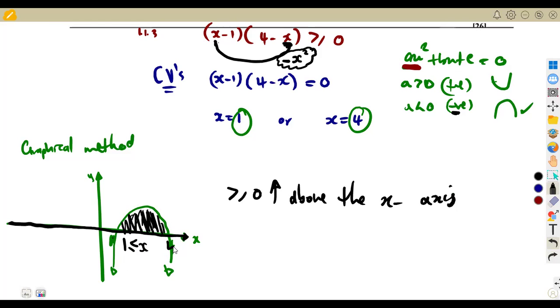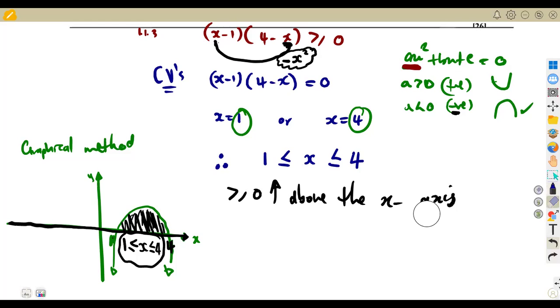But the same x compared to this 4 must be what? Less than or equal to 4. It cannot be greater than 4. So these are the solutions that we're going to have. Therefore, in this case, our final solution is going to be x is greater than or equal to 1 but less than or equal to 4. So you have to understand your graphs. You have to understand the graphical presentation.